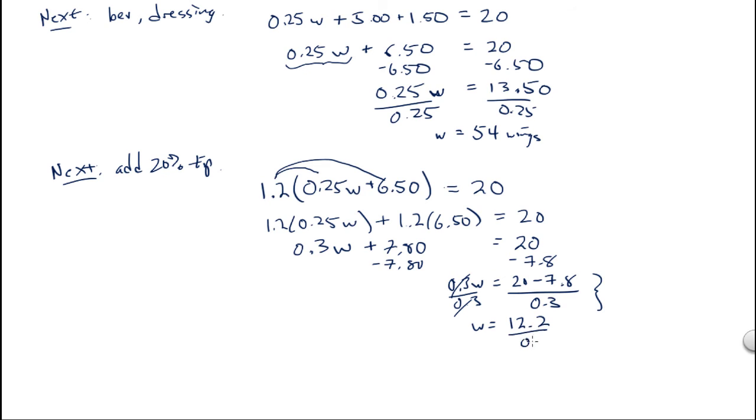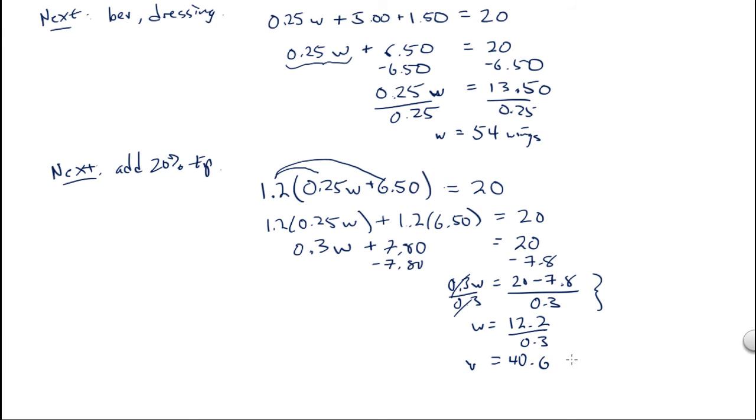And then we'll divide that by 0.3. I have to get my other calculator out. Oh, there we go. 12.2 divided by 0.3. We got 40.6 repeating.